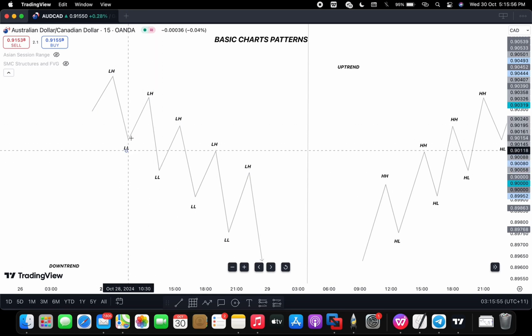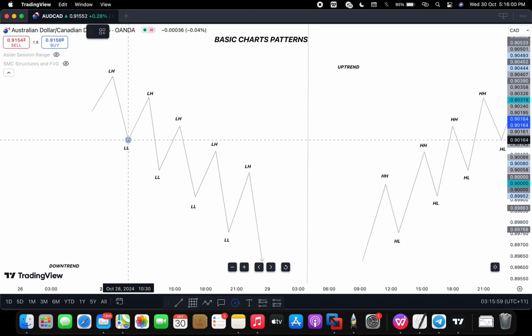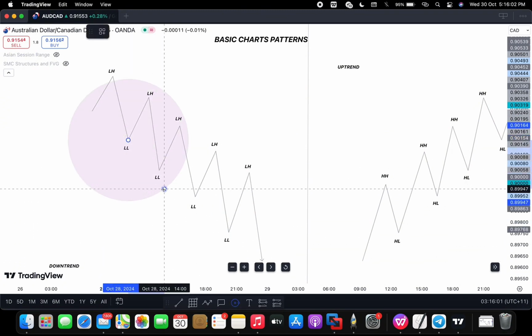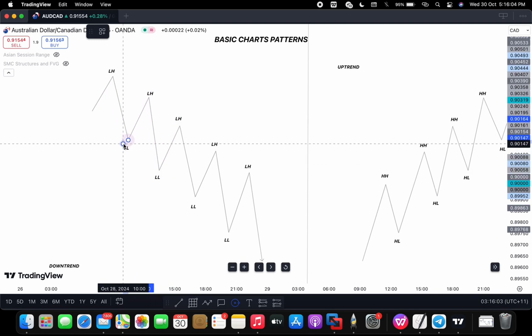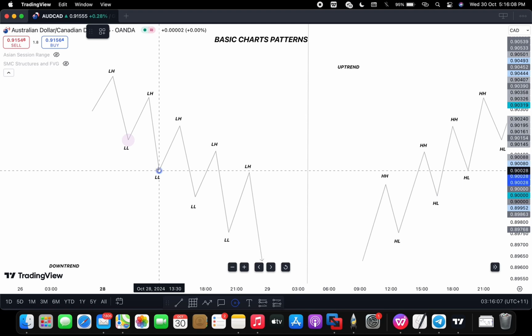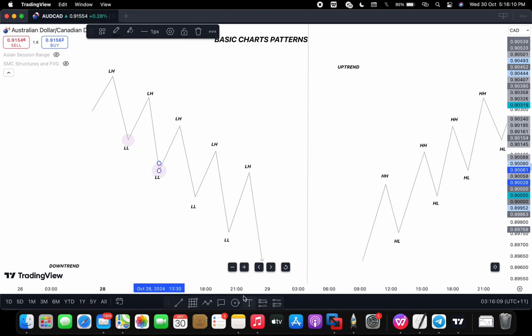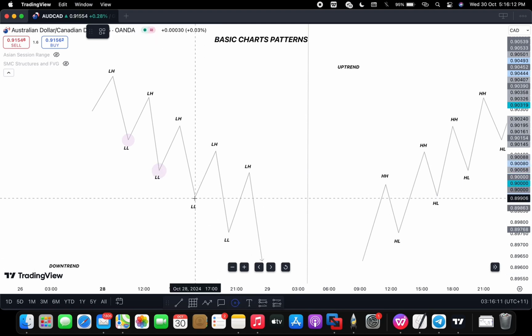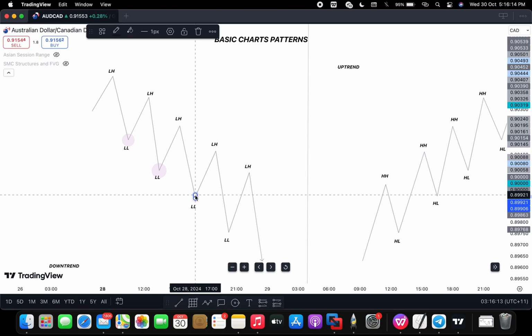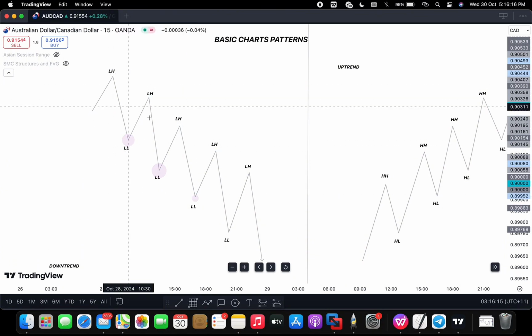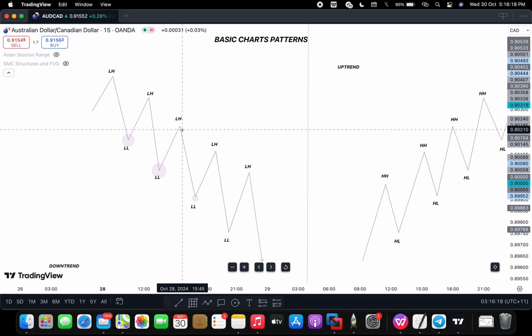When you see these bottoms like this, they are usually lower lows. Conversely, the tops are usually referred to as lower highs, right?